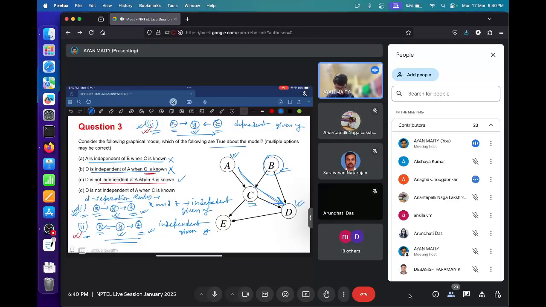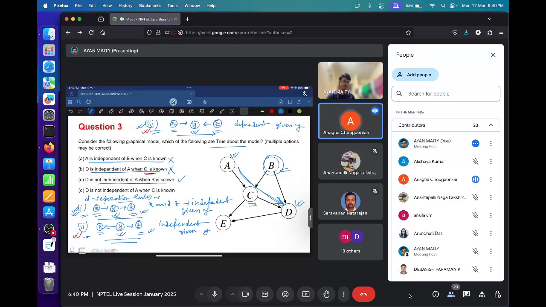And option D. Yes, here we are saying ACD is not blocked, but C is there in the path. In the first rule, if the middle element is given, then A to C, C to D edges, you have to apply the first rule.